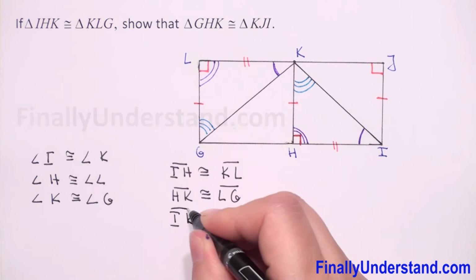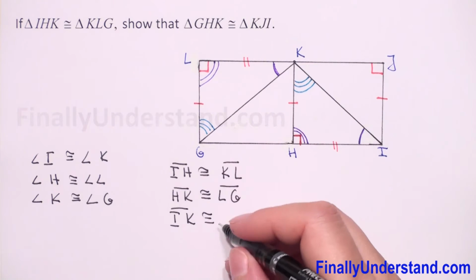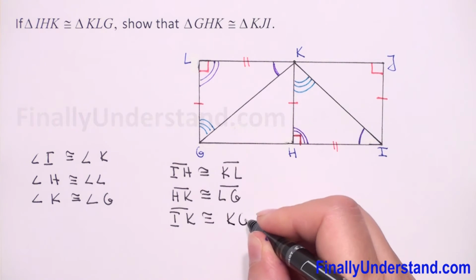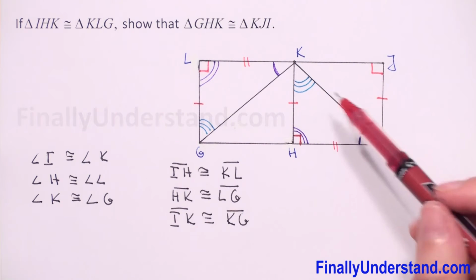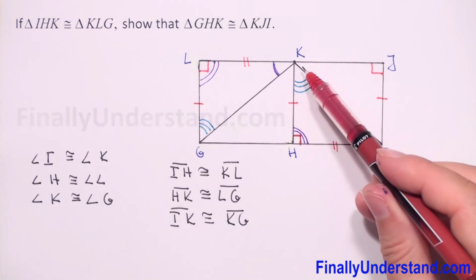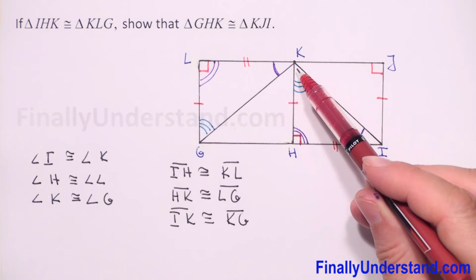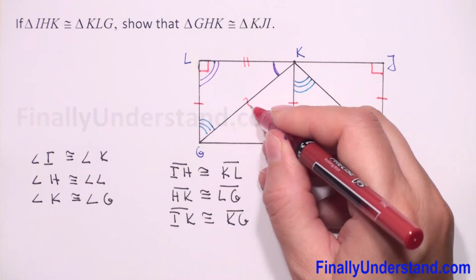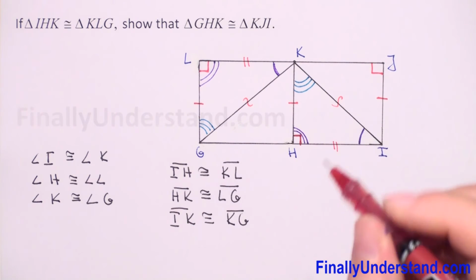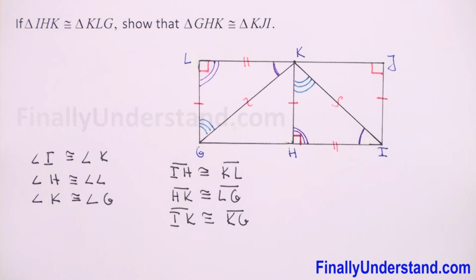What else? IK is congruent to KG. So we have IK is congruent to KG. So let's put something like this. These sides are congruent.